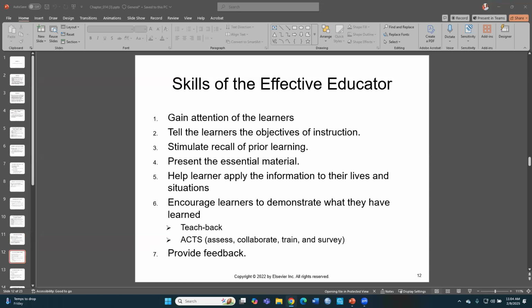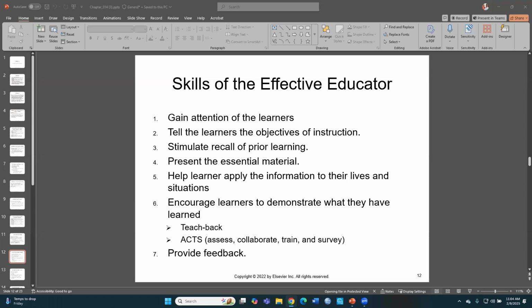We look at the skills of the educator. First thing we need to do is gain the attention of the learners. Gaining the attention of the learners usually is, whatever the topic is, how we interact with the learners.